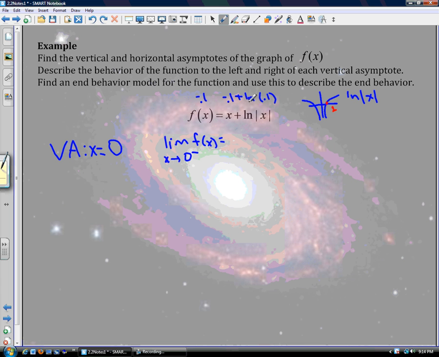So we have basically a negative infinity here plus a really small negative number. Well, who cares? That is inconsequential, right? So therefore it's just going to look like ln of absolute value of x. So therefore that goes to negative infinity, so my limit equals negative infinity.